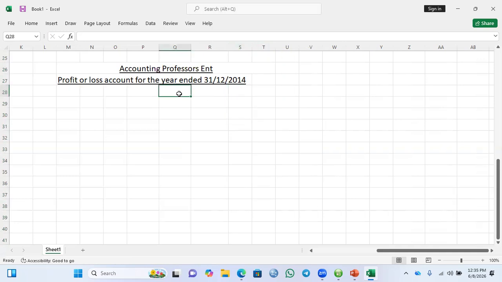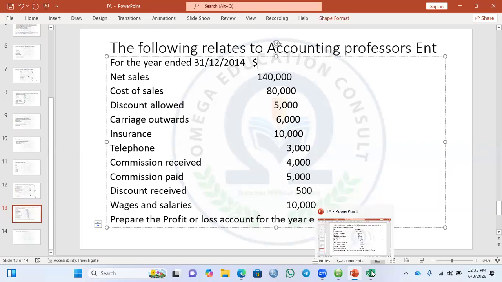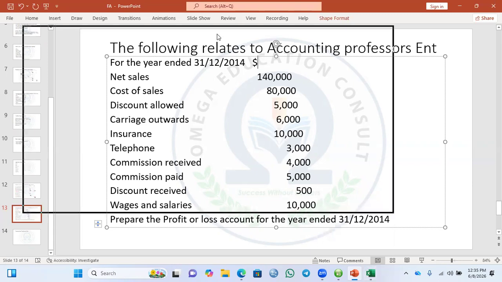Okay, so let me see the currency given in the question. I didn't give any currency, so let's assume the Ghana cedi, right? Or let me use the dollar, which is easily typed. Let me manage my screen well so that we can have both the question and the solution on the page.